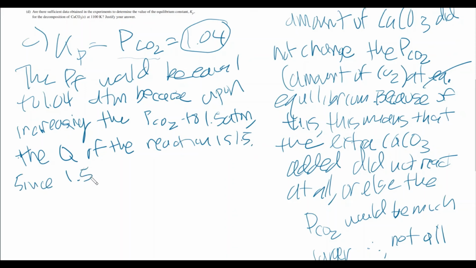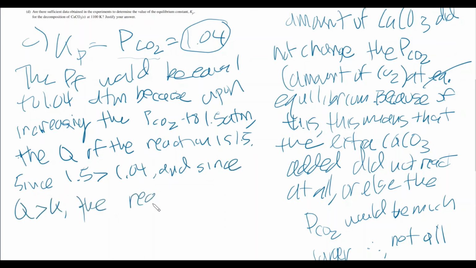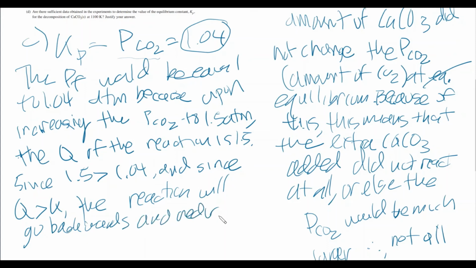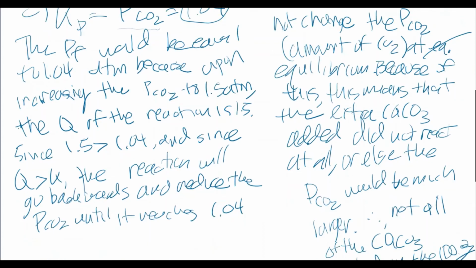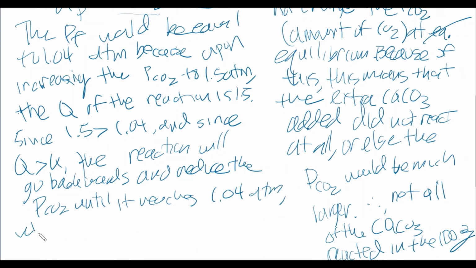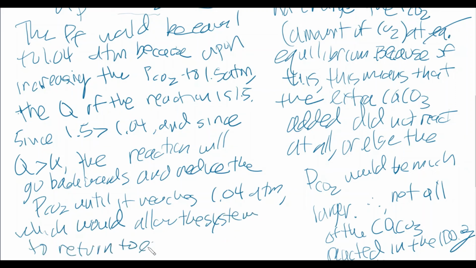Since 1.5 is greater than 1.04, and since Q is greater than K, the reaction will go backwards and reduce the pressure of CO2 until it reaches 1.04 atmospheres, which would allow the system to return to equilibrium.